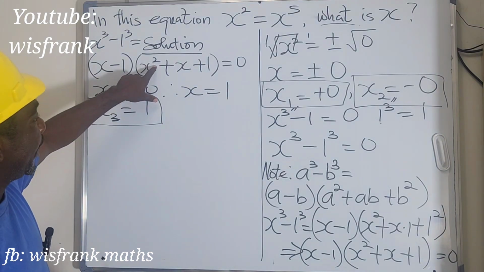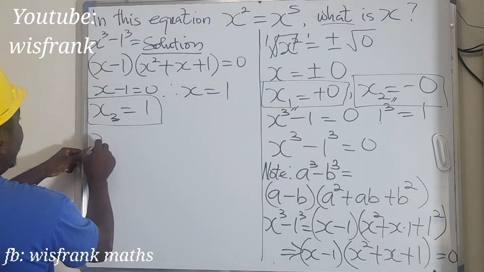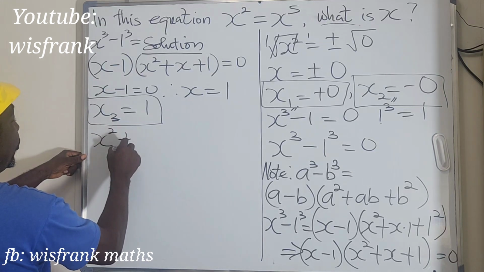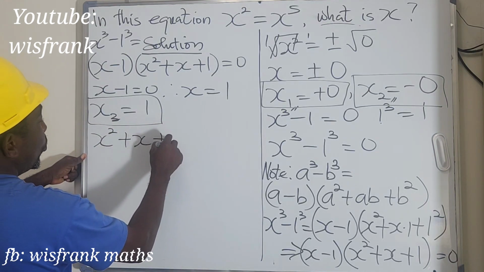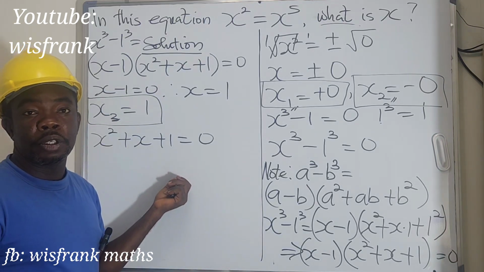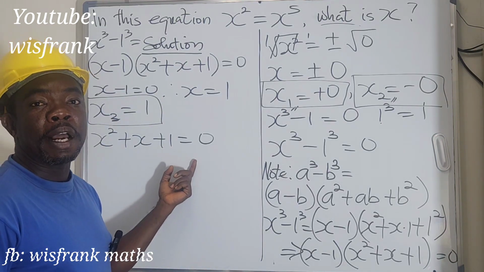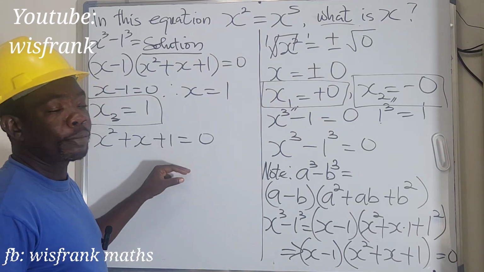We have the second parenthesis which is equal to 0. So we have x raised to the power of 2 plus x plus 1 equals 0. And we can see that this is a quadratic equation and we are going to use the quadratic formula to also find the value of x in this expression.